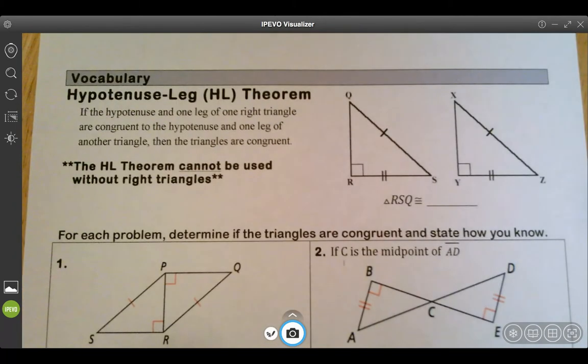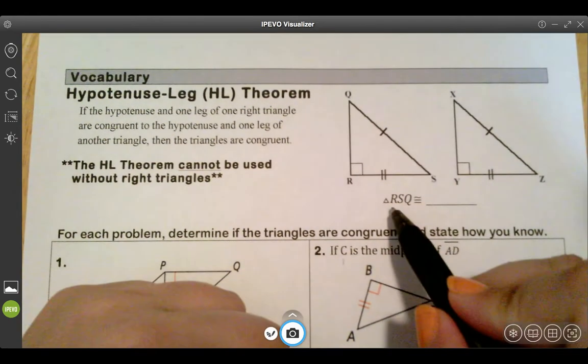The hypotenuse leg, or HL theorem, is if the hypotenuse and one leg of the triangle are congruent to the hypotenuse and a leg of another triangle, then the triangles are congruent. So again, it needs a hypotenuse for this to work, which means it needs to be a right angle.